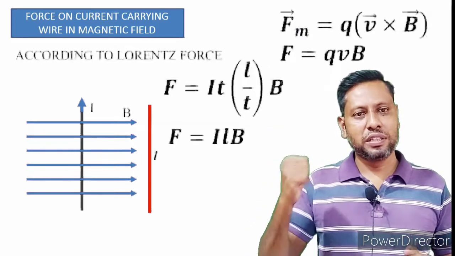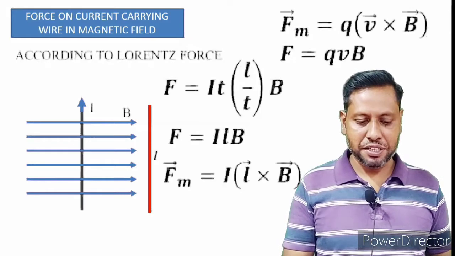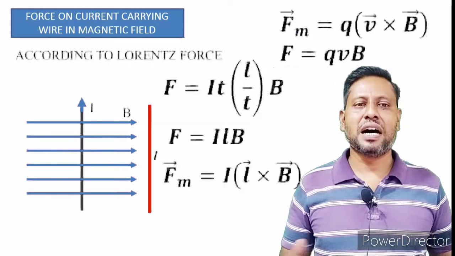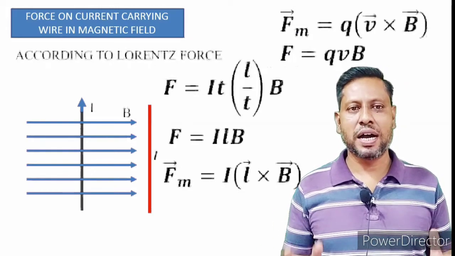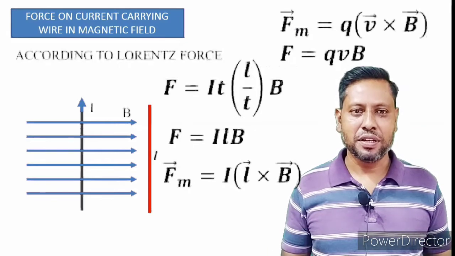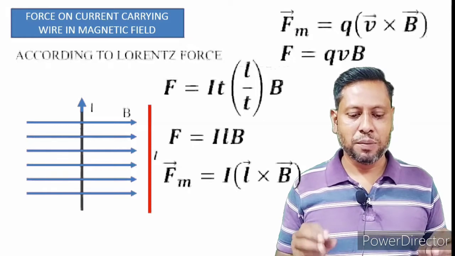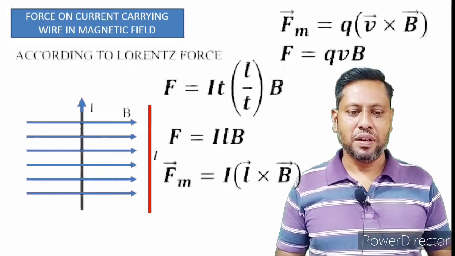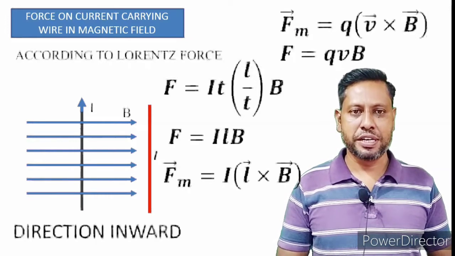If I continue with the sin theta part from the previous equation, I can simply write this F as Fm equal to I L cross B. So the direction of this force will be perpendicular to the plane containing the length and the magnetic field here. In this case, the direction will be inward.